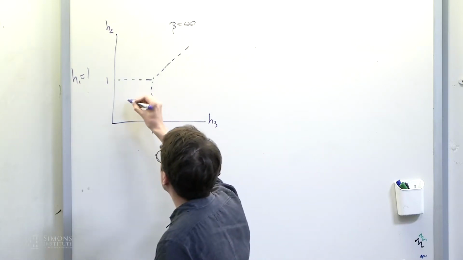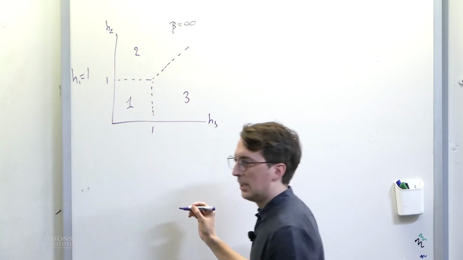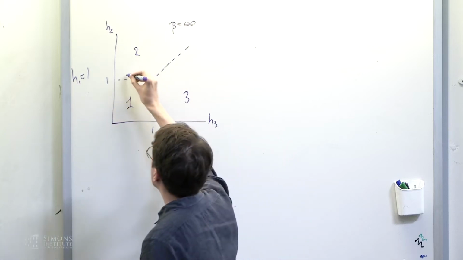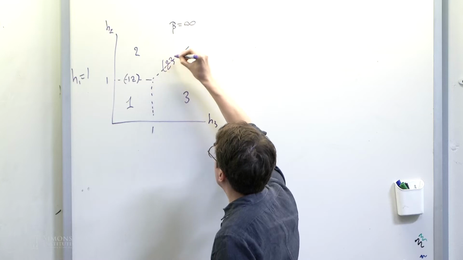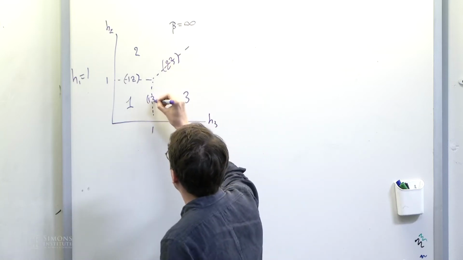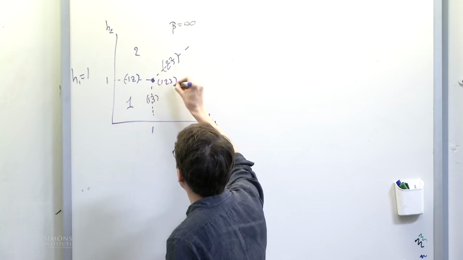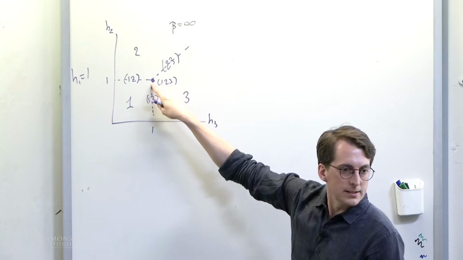So in here, it's 1. In here, it's 2. In here, it's 3. Along this line, I have 2 stable ground states, so they're said to be 1-2 coexistence. Here, there's 2 and 3. Here, there's 1 and 3. And then at this point, 1, 2, and 3 are all stable. So this is sort of the symmetric point of the phase diagram.